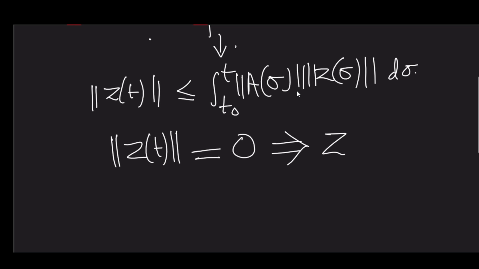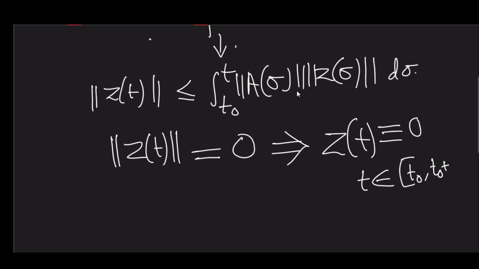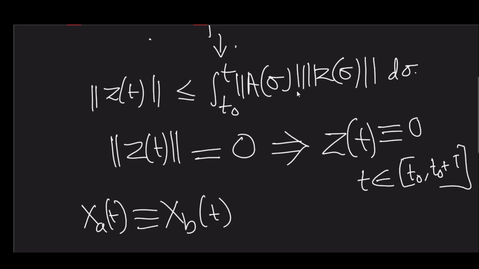It implies Z(t) is identically equal to 0 for all t belonging to this set. So XA(t) is identically equal to XB(t). So we have proved the uniqueness of our solution.